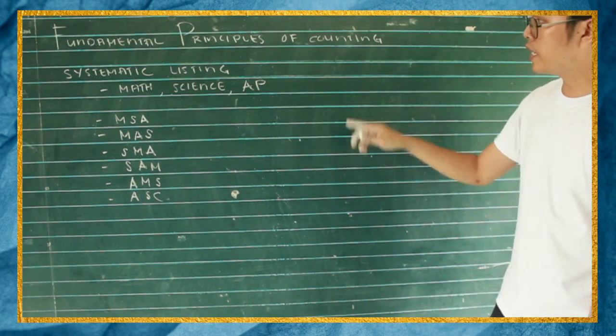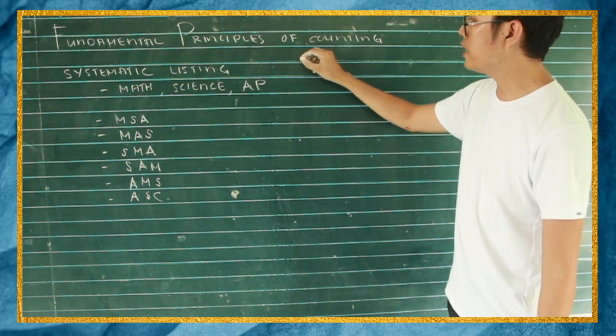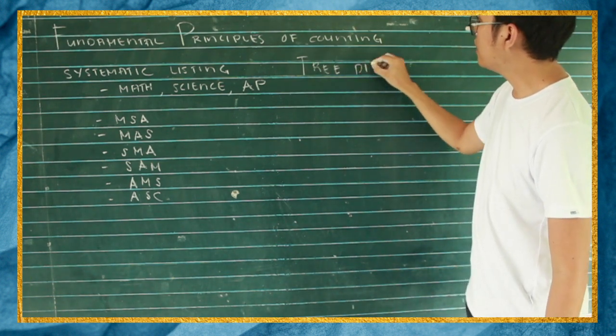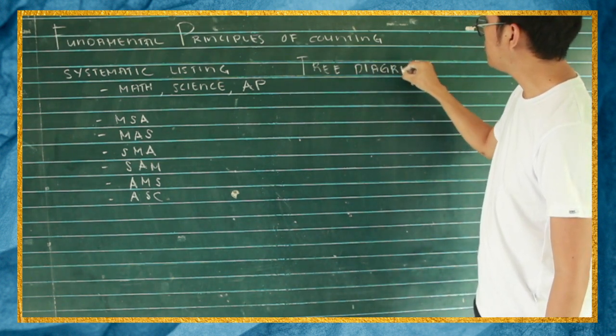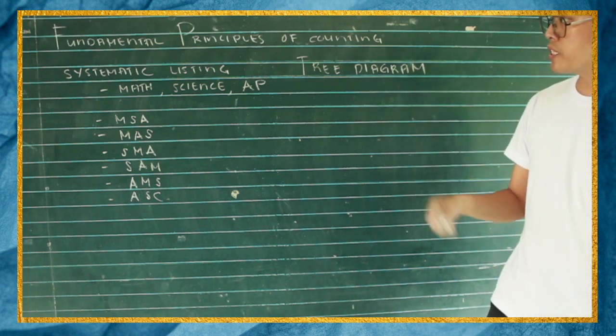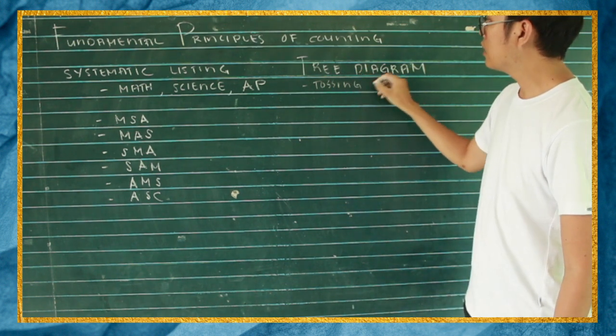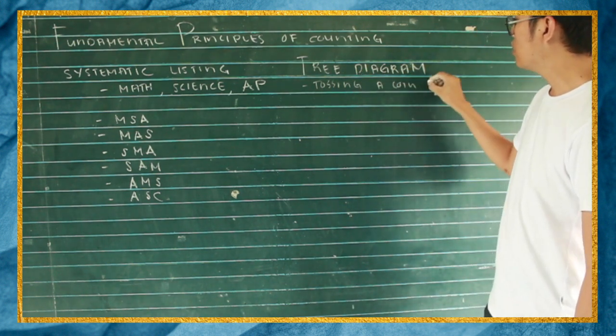Okay? Another one is the tree diagram. For example, the event is tossing a coin twice.